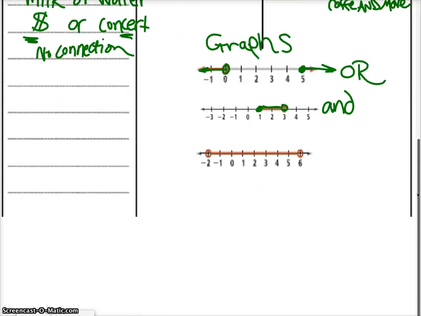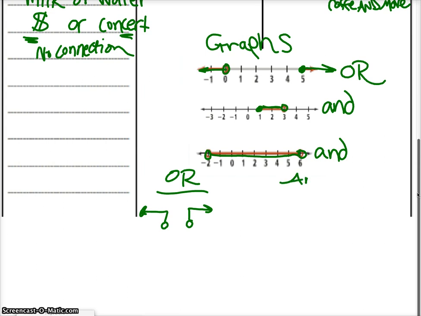Okay, the next one, I have a circle, I have a circle, it looks like they're connected, that's an and graph. So or graphs look like this. You're going in opposite ways, and and graphs look like this. There's just a line connecting the two circles. So or is separate direction and and is connected.